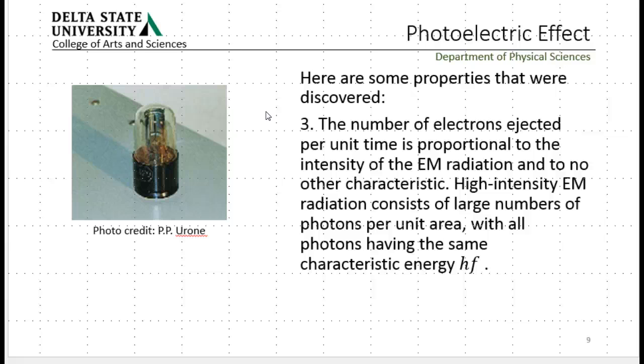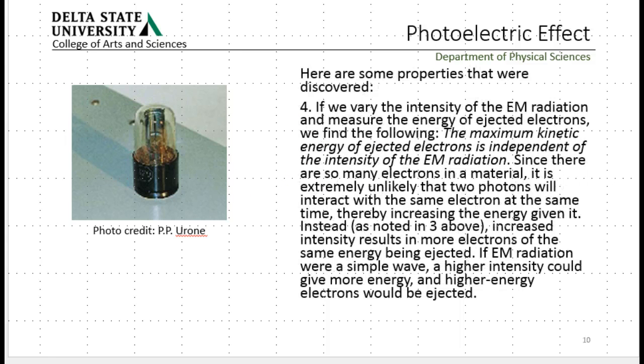So you double the frequency, cut the wavelength in half, you've got a much more energetic photon at this point, but you don't get more electrons. You just get faster electrons. So if you want more electrons, you have to increase the intensity.